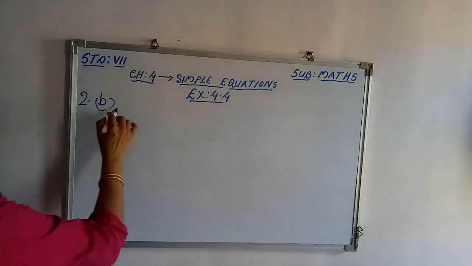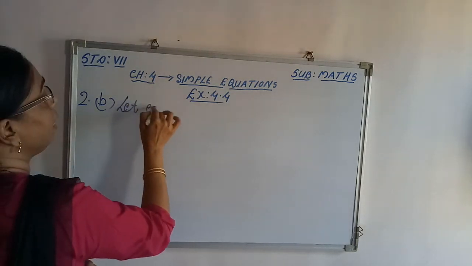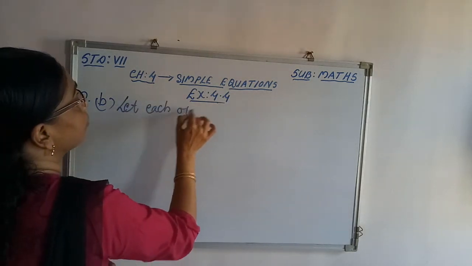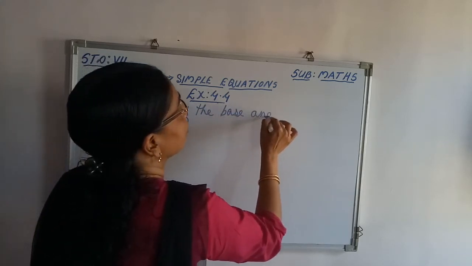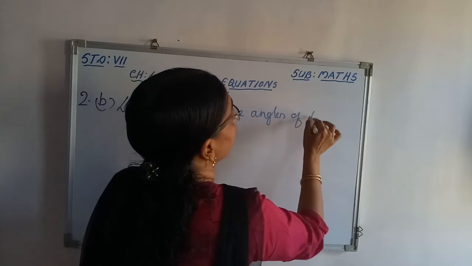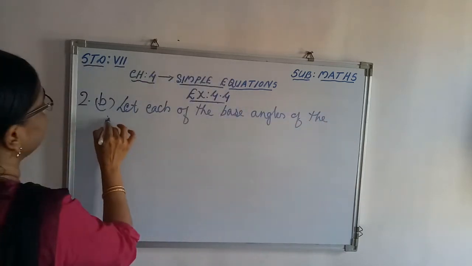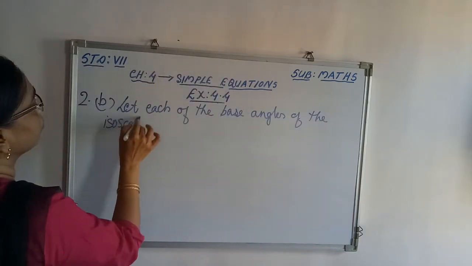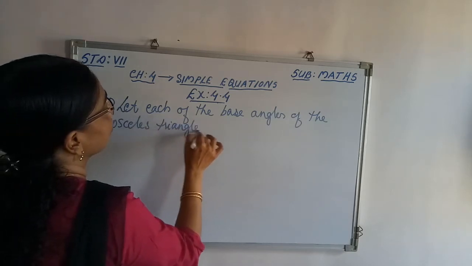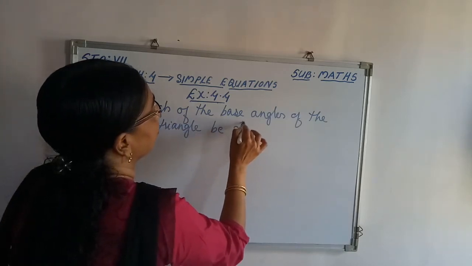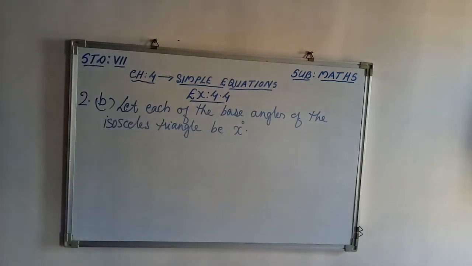Let each of the base angles of the isosceles triangle be x degrees. Now, we know that the sum of the angles in a triangle is 180 degrees.